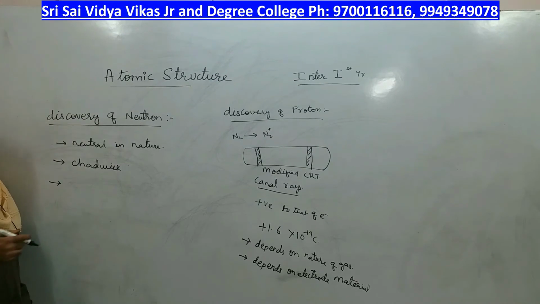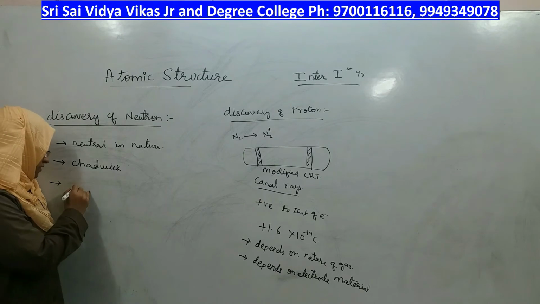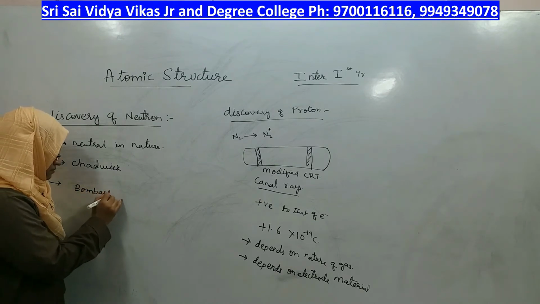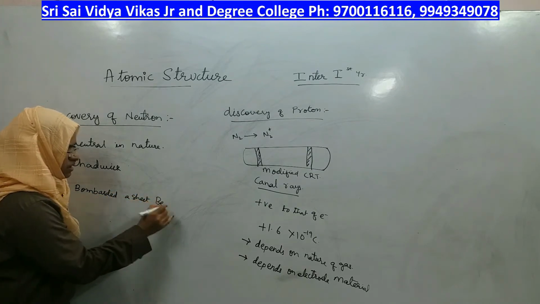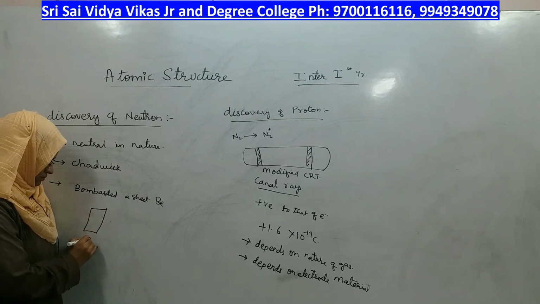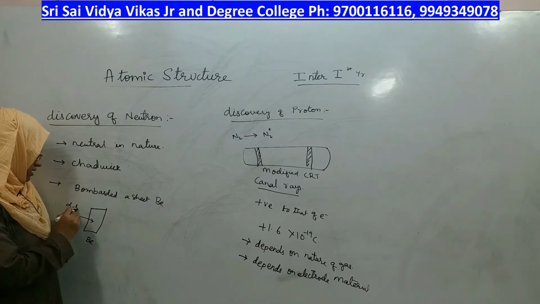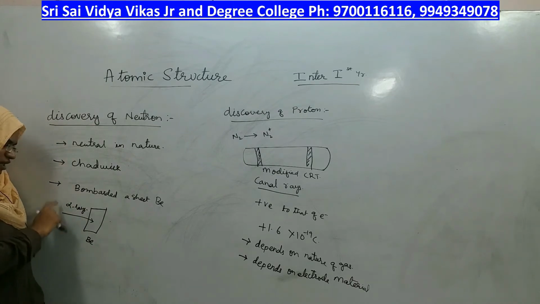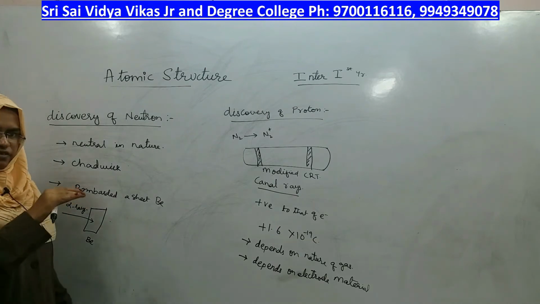Neutron was discovered by Chadwick when he carried out an experiment in which he bombarded a sheet of beryllium. A beryllium foil was taken, and to that sheet of beryllium he bombarded alpha rays. Alpha rays are positive in nature. Bombardment means it strikes with very high speed.